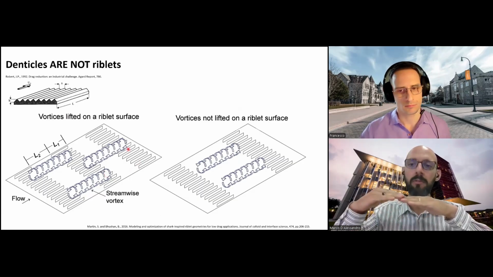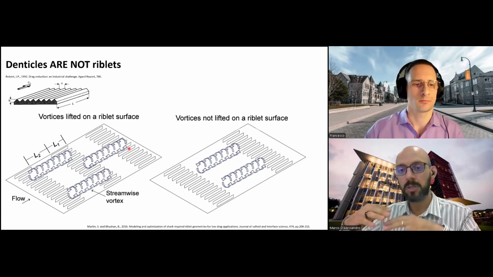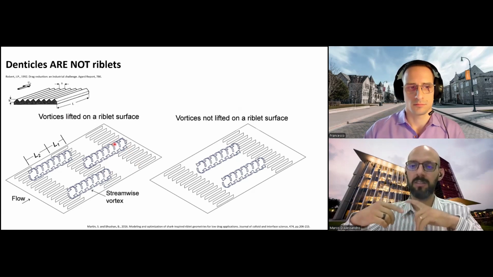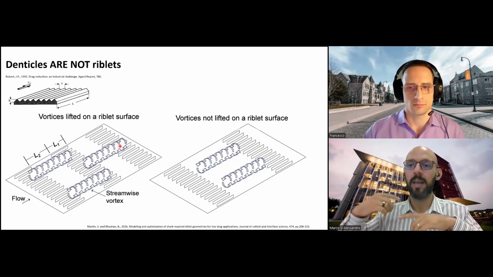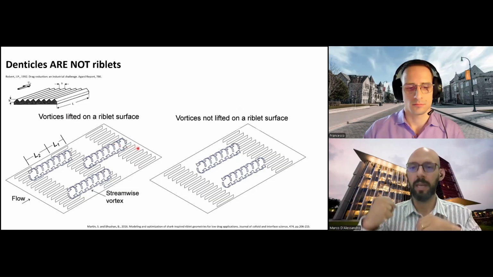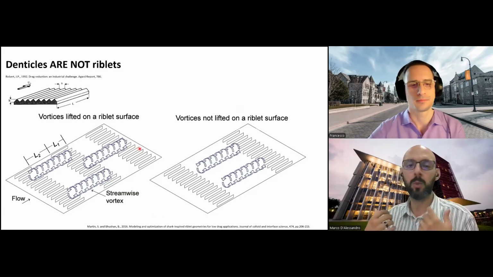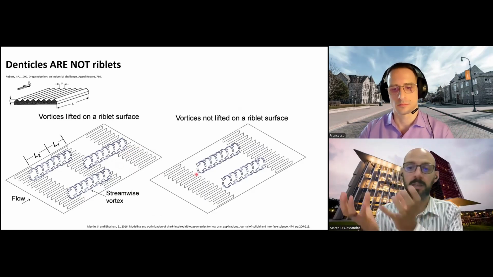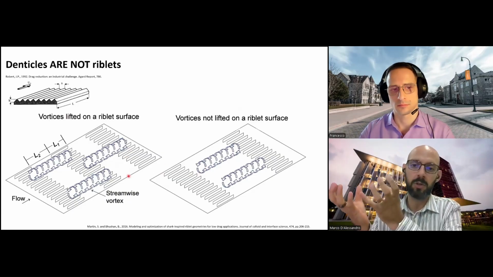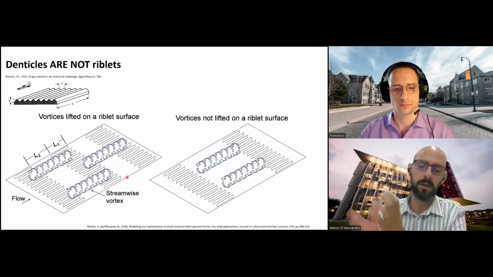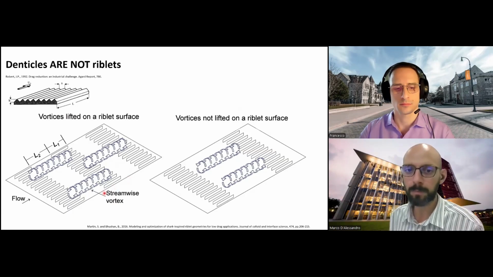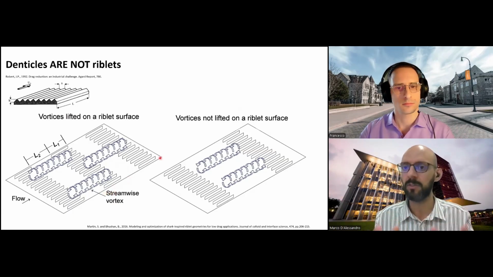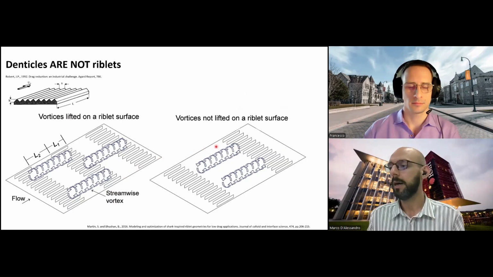They push them away from the wall. And by doing so, the effect of these vortices of generating friction drag is weakened, is reduced. So with riblets, we achieve a drag reduction by pushing these drag-generating vortices away from the wall itself. This was a major discovery in this field.